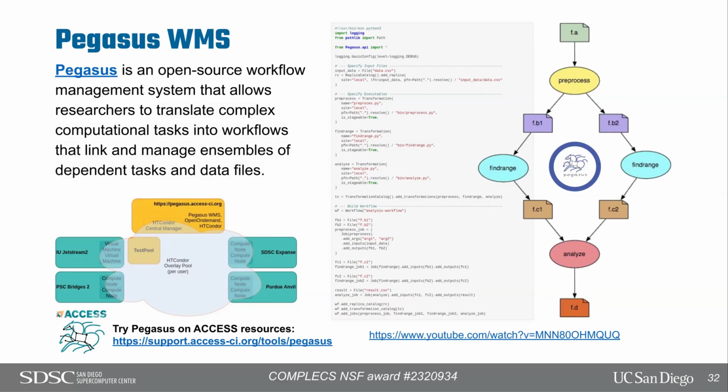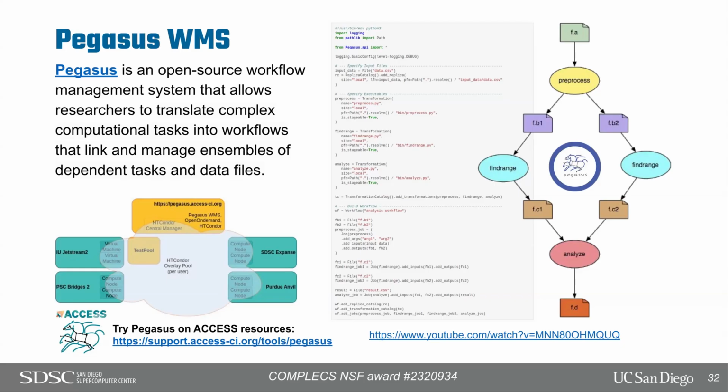Basically, you write a Python script and write out your workflow. At the end, when you run that Pegasus script, it generates the graph of the jobs that need to get executed on a Condor cluster. And so that's what Pegasus does.